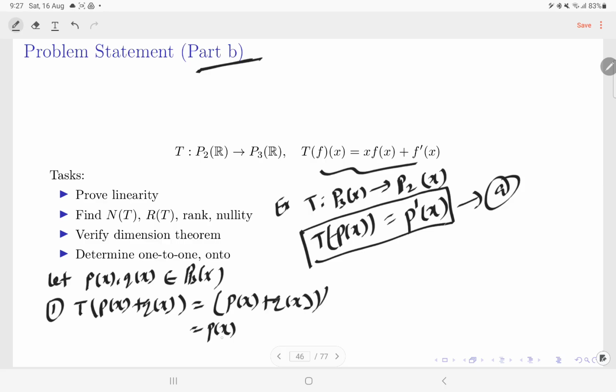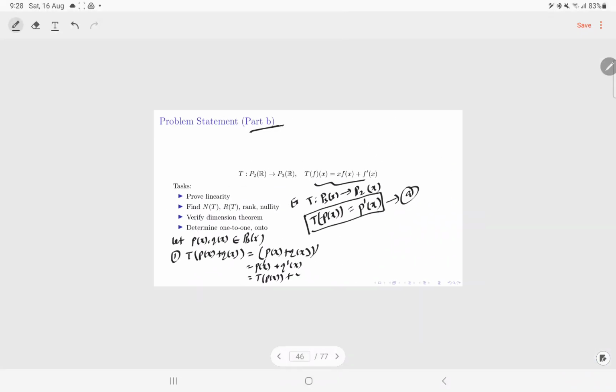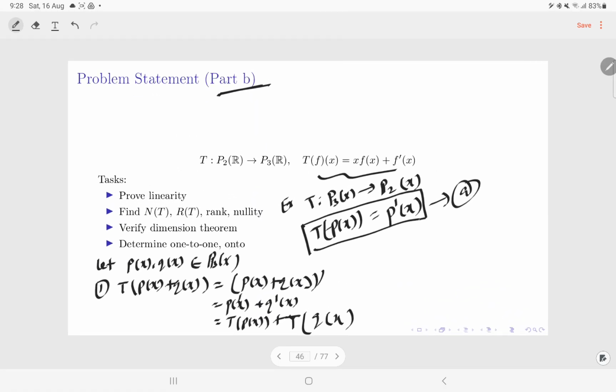Now this can be individually written as the derivative of p(x) and the derivative of q(x). This is nothing but T of p(x) plus T of q(x). Hence the first property is satisfied.